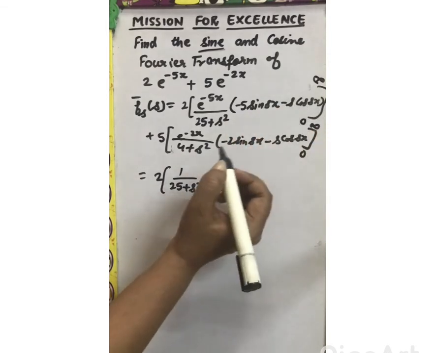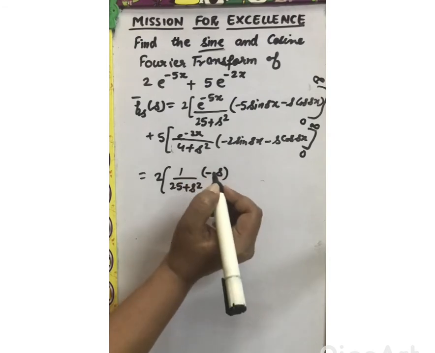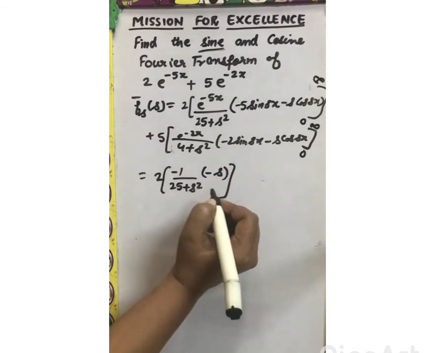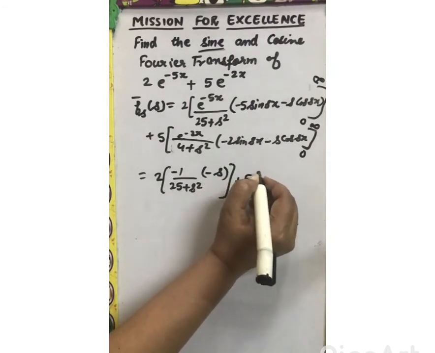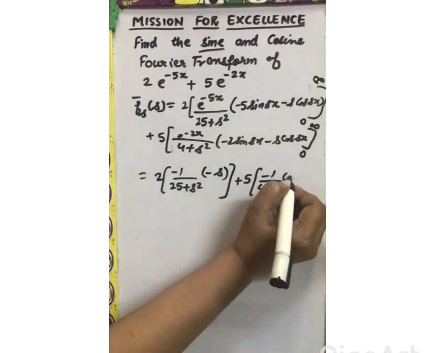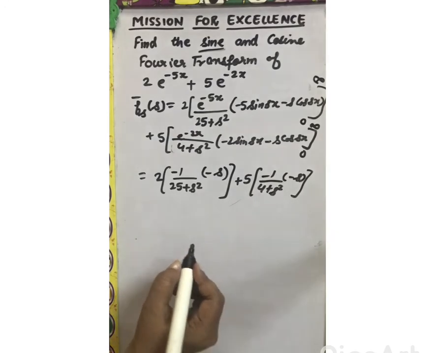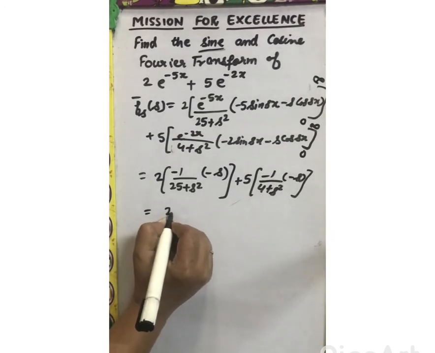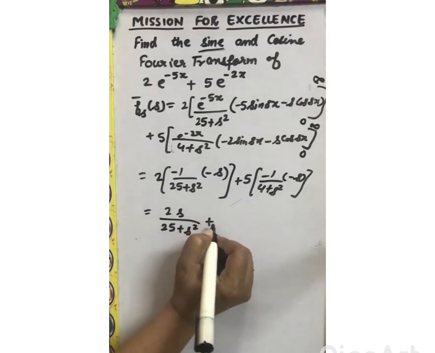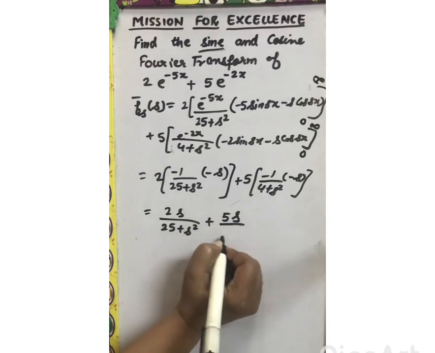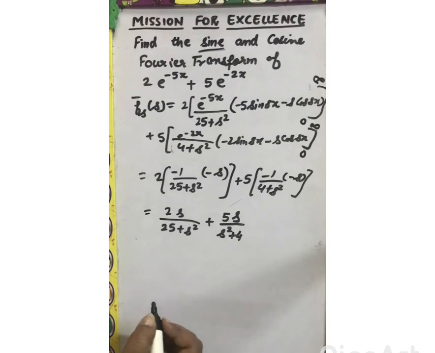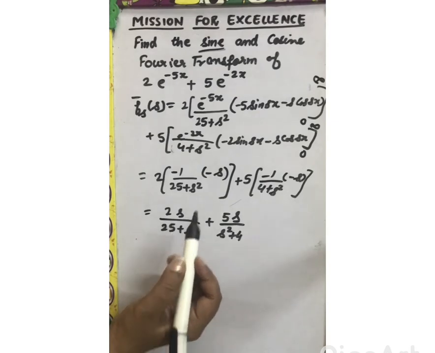So we get here minus s, cos 0 is 1, and for minus 5, the upper limit minus lower limit. Similarly, you will get here 5 into minus 1 by 4 plus s square into minus s. So the result will be 2s by 25 plus s square plus 5s by s square plus 4. So this is the Fourier sine transform.